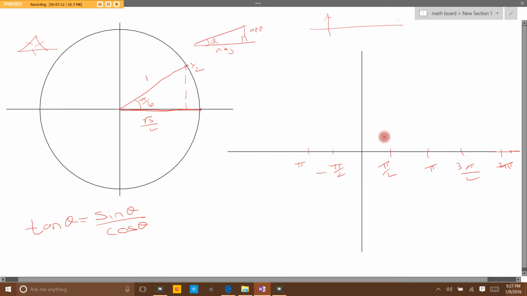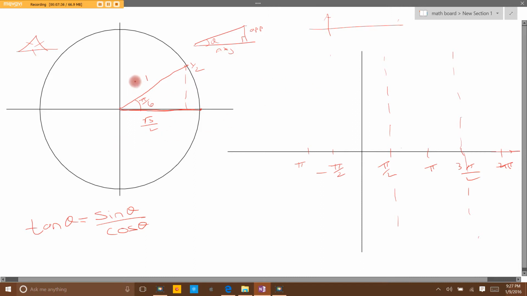So at pi over 2, we have some type of asymptote for tangent theta, because cosine of theta itself is 0, and that goes for 3 pi over 2, right? Because cosine again is 0. And that also goes for negative pi over 2.